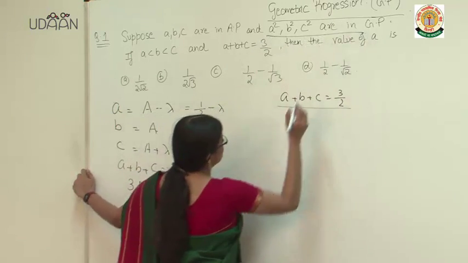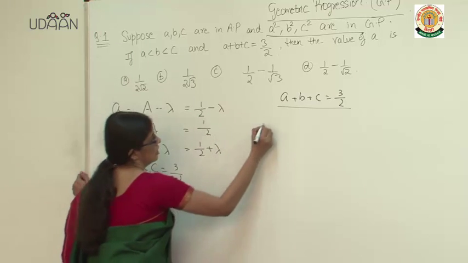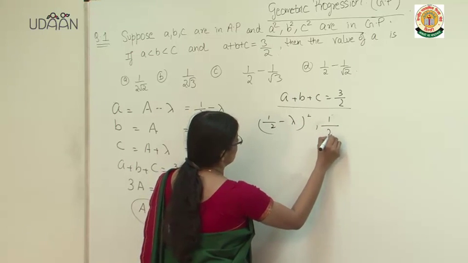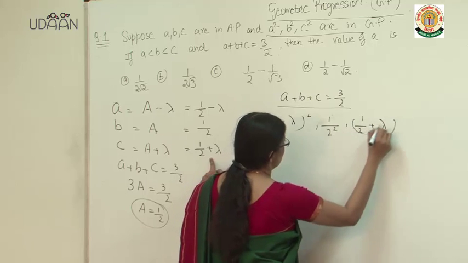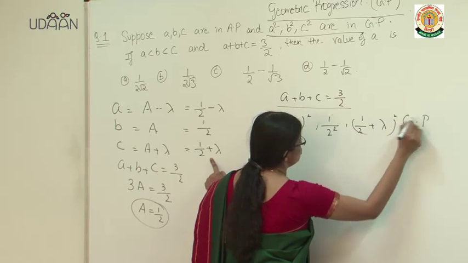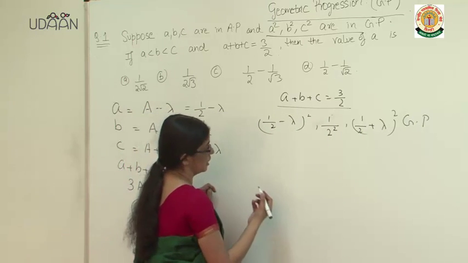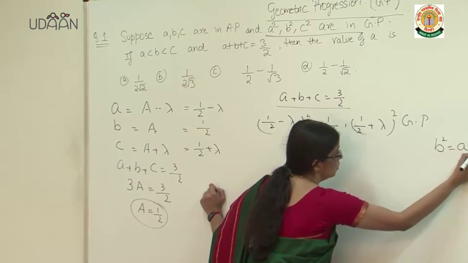One more condition is given. a square, b square and c square are in GP: 1 by 2 minus lambda the whole square, 1 by 2 square, and 1 by 2 plus lambda the whole square. These three terms are in geometric progression. Apply the condition. What is the condition? b square equal to ac.